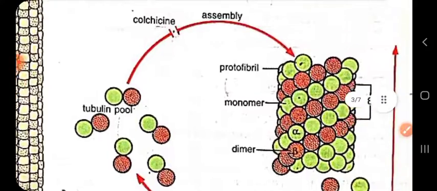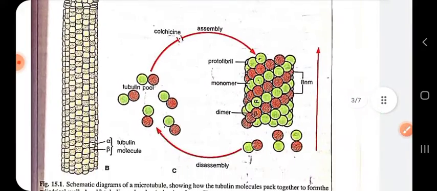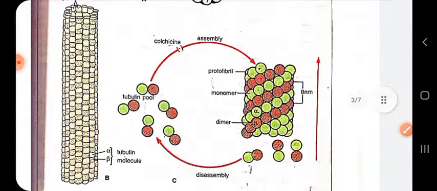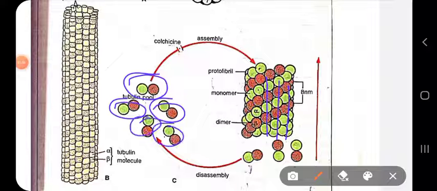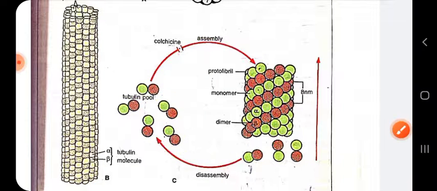Now if you see the protofilament here, each of these protofilaments is made up of tubulin dimers, alpha tubulin and beta tubulin, which are assembled at one end and disassembled at the other end, depending on the function of the microtubule where it is occurring.